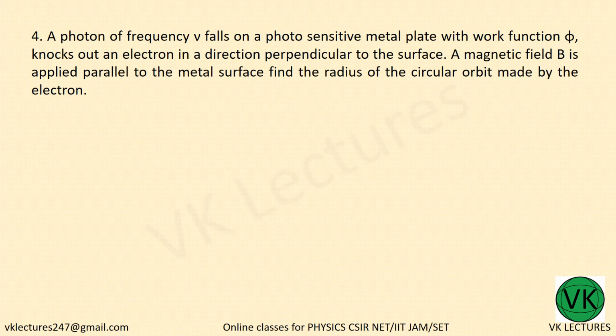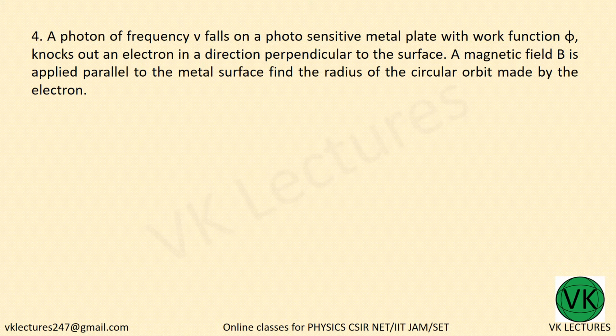A photon of frequency nu falls on a photosensitive metal plate with work function phi, and thereby it knocks out an electron in a direction perpendicular to the surface. A magnetic field is applied parallel to the metal surface. Find the radius of the circular orbit made by the electron. So here there are two stages.